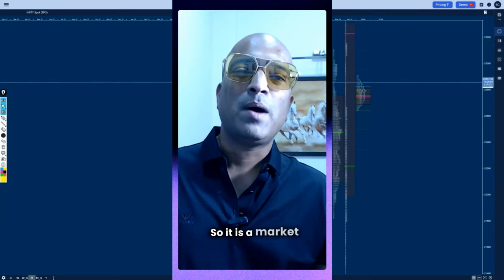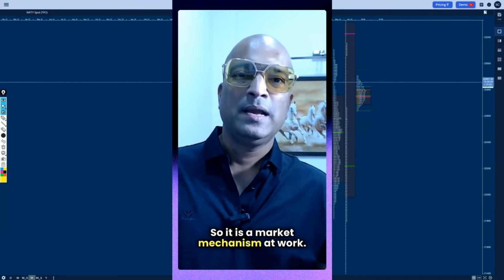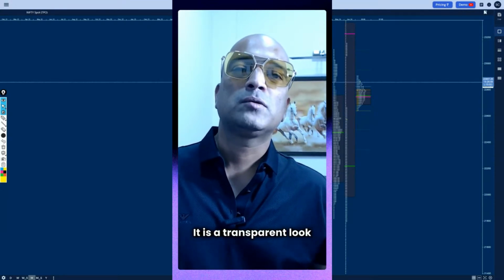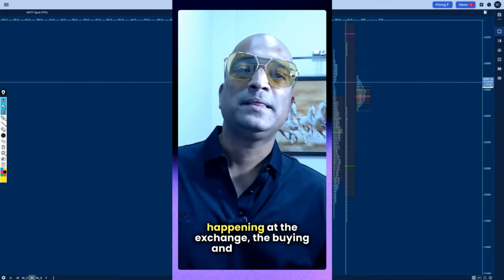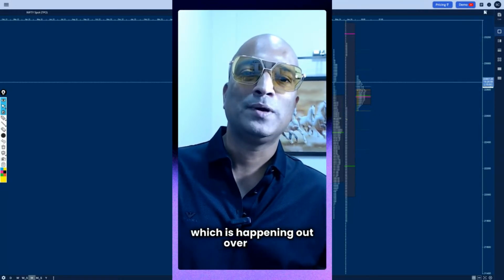So it is a market mechanism at work. It is a transparent look at what is actually happening at the exchange, the buying and the selling which is happening out over there.